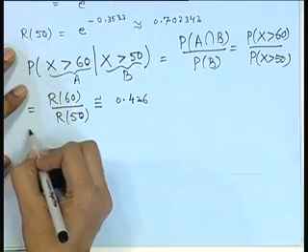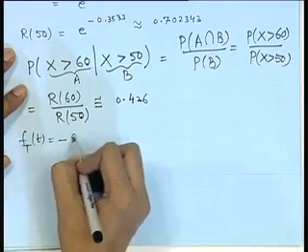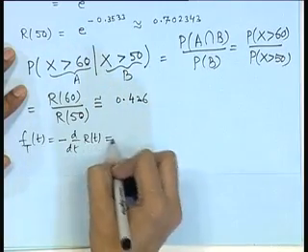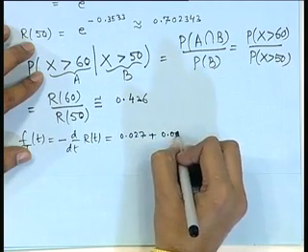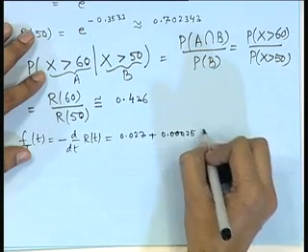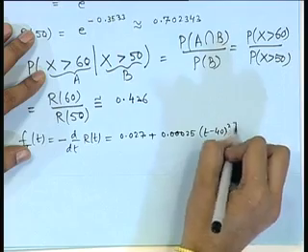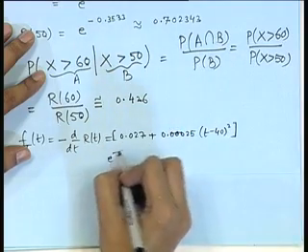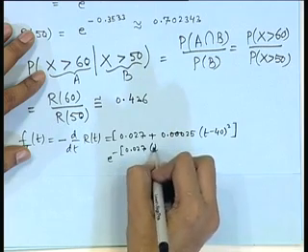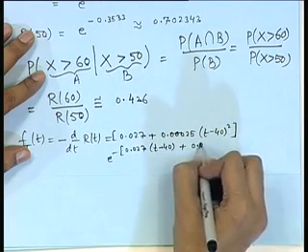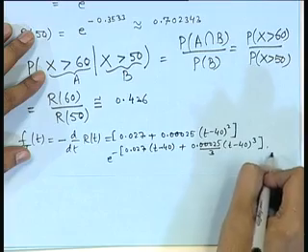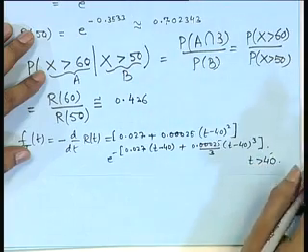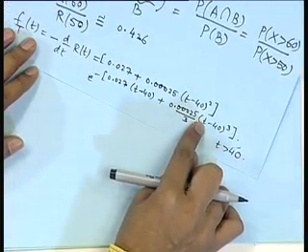So, the density function is obtained as minus d by dt of R(t), which is equal to [0.027 plus 0.00025 (t minus 40) square] e to the power minus [0.027 (t minus 40) plus 0.00025 by 3 (t minus 40) cube], for t greater than 40, which is nothing but the probability density function of a shifted Weibull distribution.